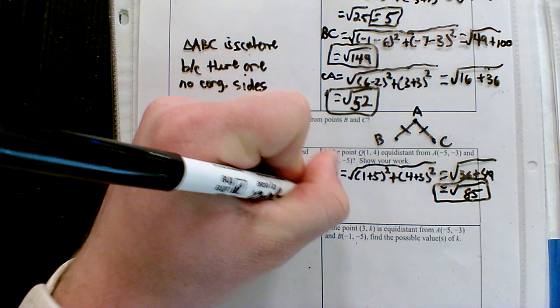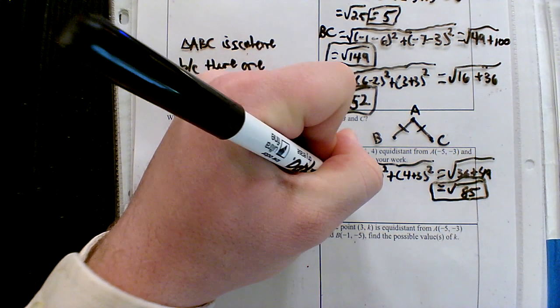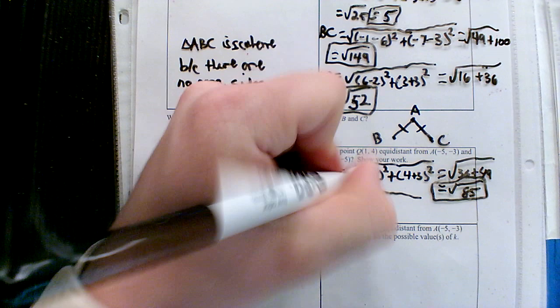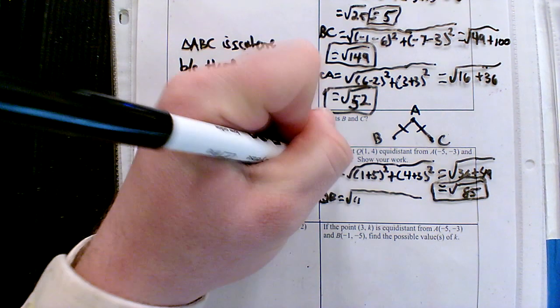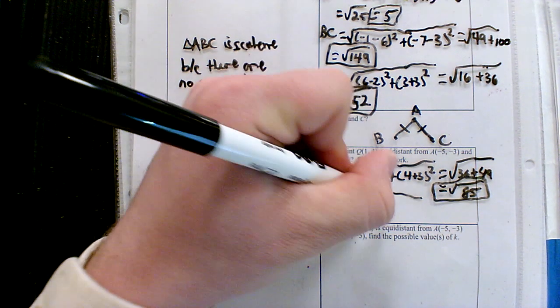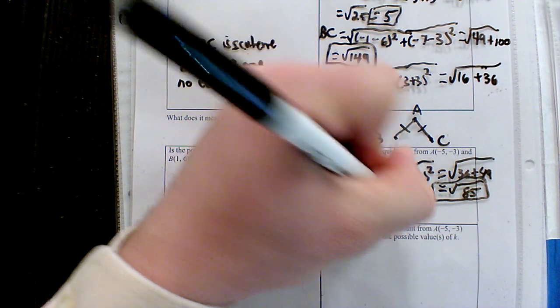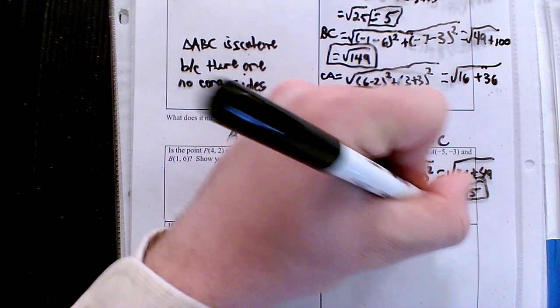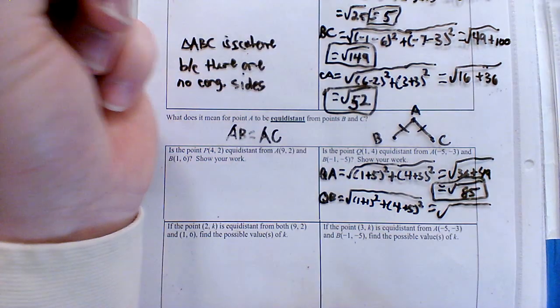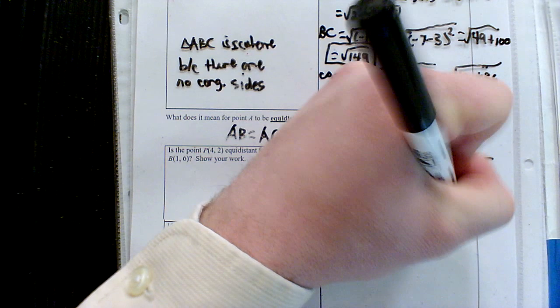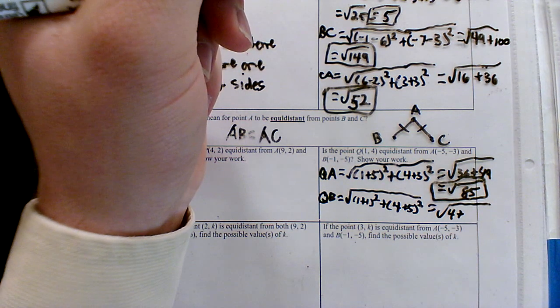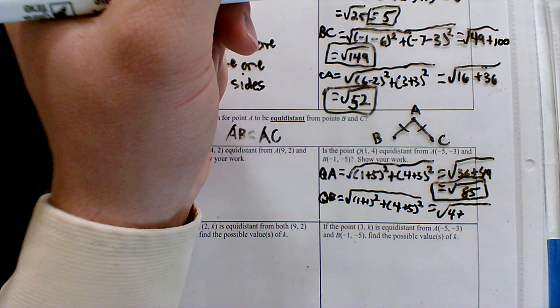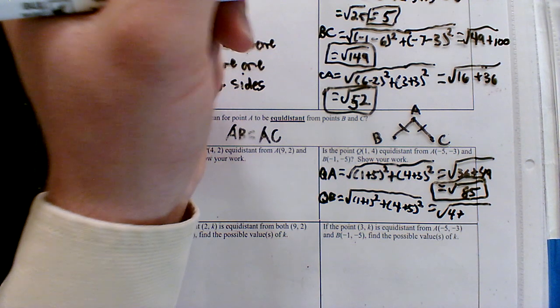Now let's figure out what it is from Q to B. Again, Q is 1, so we have 1 minus a negative 1, so plus 1. Plus 4. 4 minus negative 5 becomes 4 plus 5. Square that. 2 squared is 4. 9 squared is what? 9 times 9? 81.